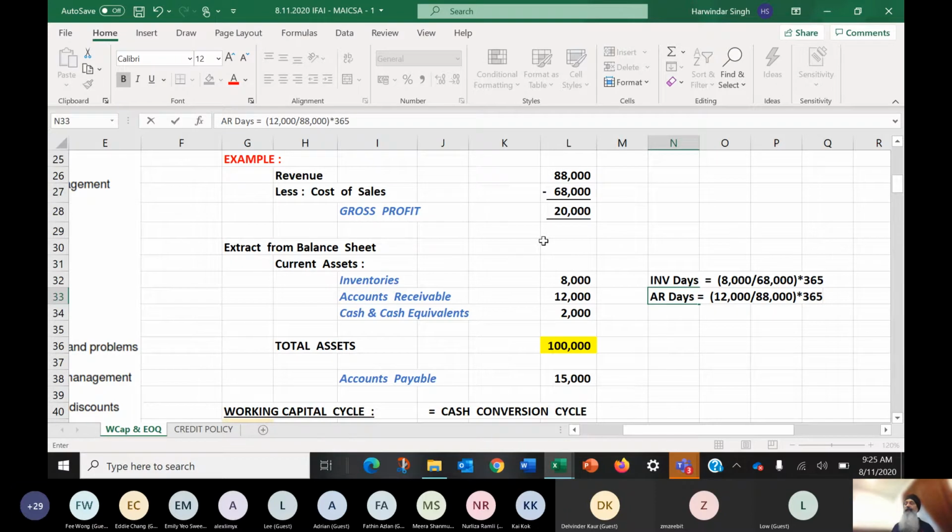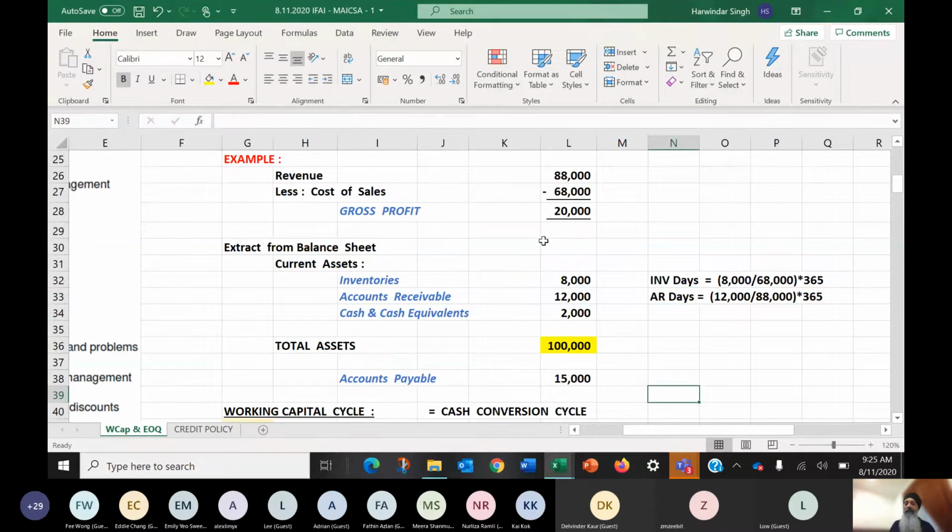Not likely, isn't it? So if you order one batch of raw materials and it takes you a month and a half to actually consume it before the next one comes in, that means on average it takes you about 45 days, 30 plus 15, your money is tied up in that batch of stock. That's what we are trying to measure here.